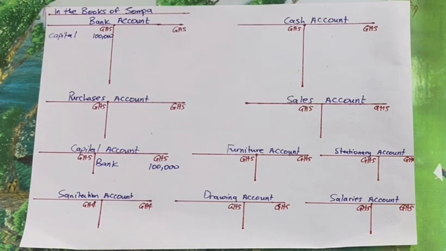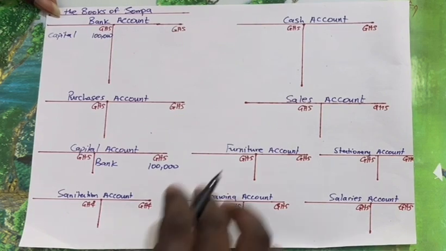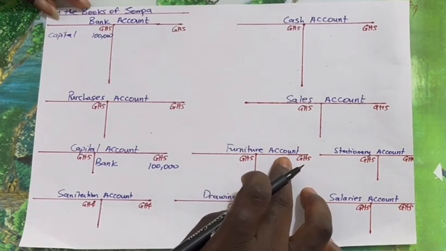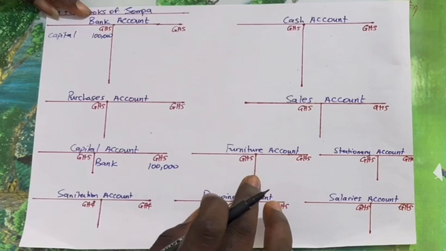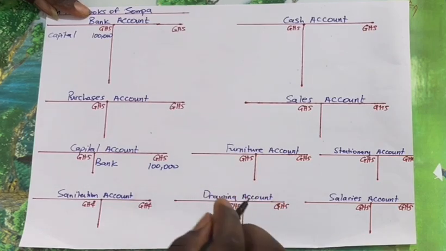On the 2nd January, the company bought office furniture by check. By check means they paid through the bank, so the double entry will be bank and furniture. We have our furniture account opened here and our bank account opened here, and they paid 8,000.